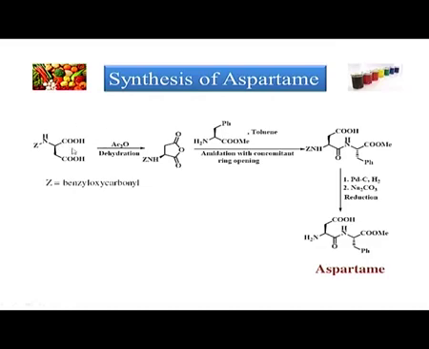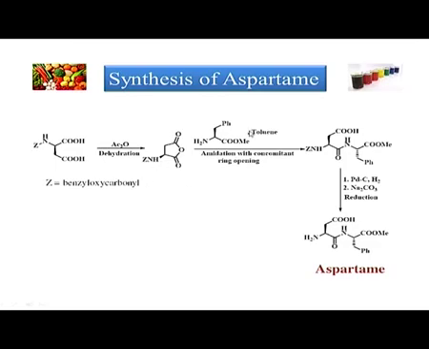We would not like to give more consideration to these protective groups here, but for your understanding, you must keep in mind that this is protected. Now, you treat it with acetic anhydride, which results in the formation of an anhydride of aspartic acid.